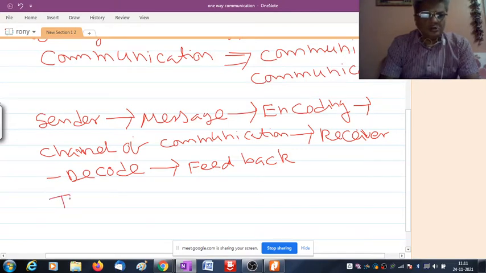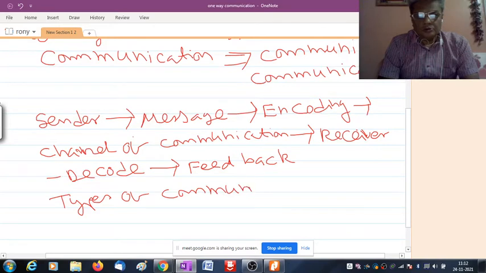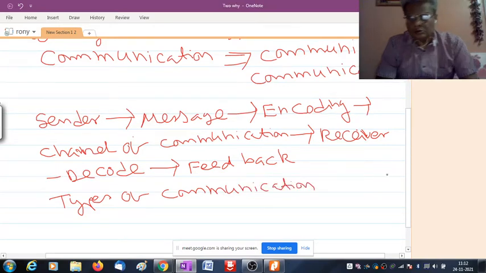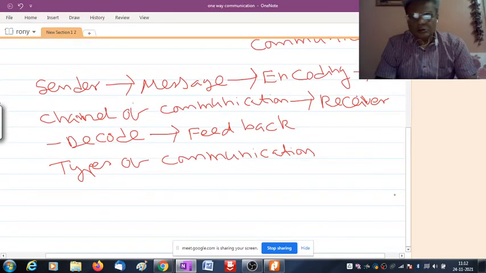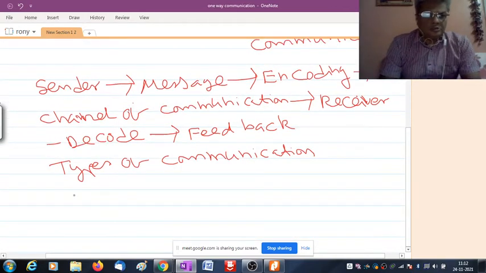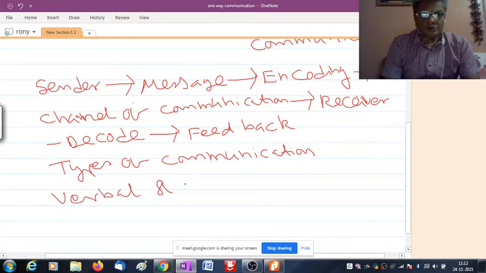Then the types of communication. One is verbal and the other is non-verbal.